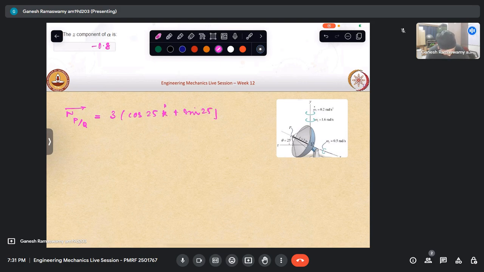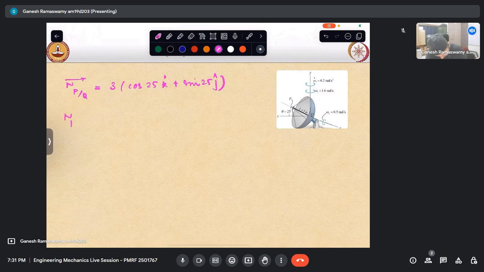So r of P with respect to Q is 3 sine 25, which is 1.267 J, and 3 cos 25, which is 2.719. So this we know.